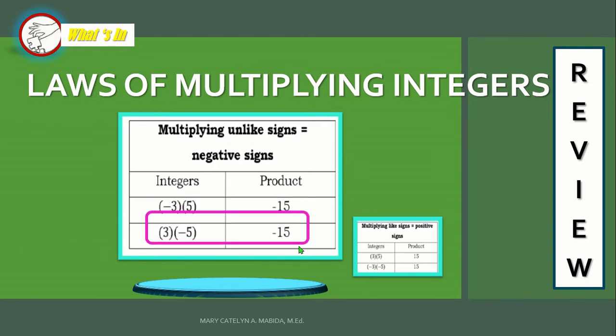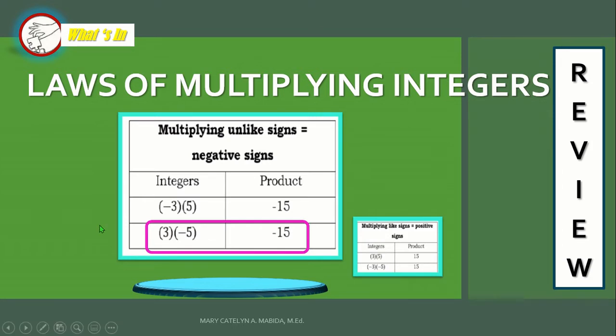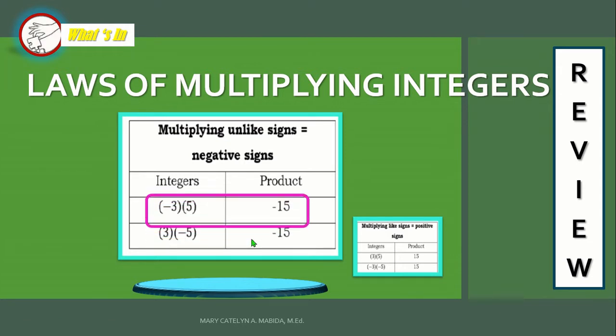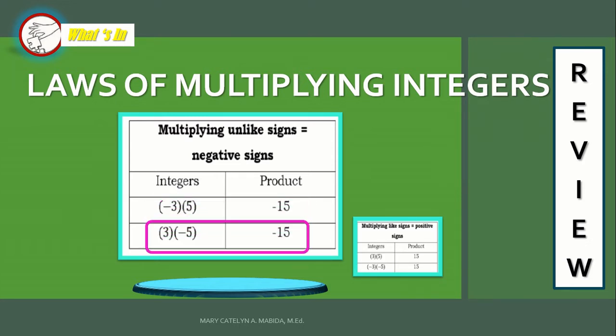Now let's move on to the second set of integers. This time, it is the second term that is negative. Again, 3 times negative 5 is equal to negative 15. Now, what have you noticed? In our first example, it was the first integer. In our second example, it was the second integer.